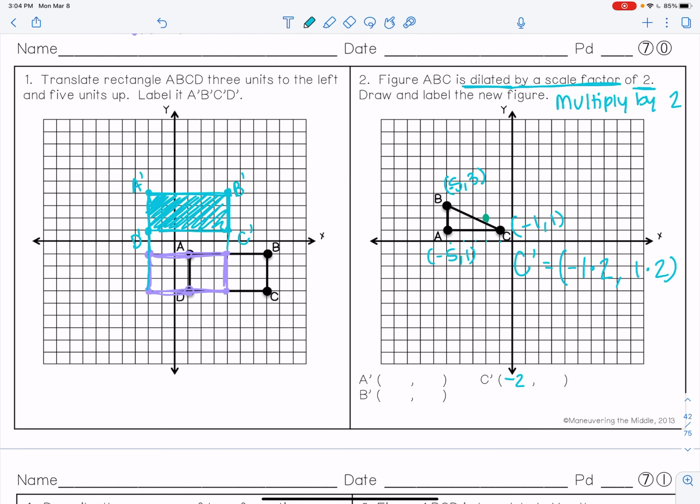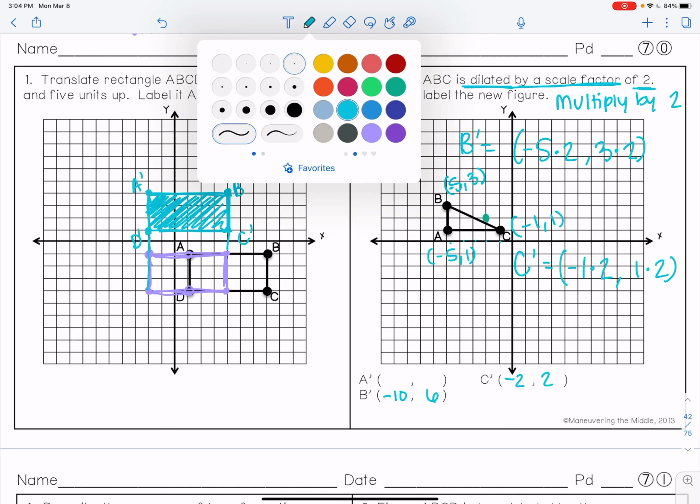B prime is going to be equal to -5 times 2, 3 times 2. So that'll be -10, 6. -10, 6. 3, 4, 5, 6. Oops, wrote that in a different color.